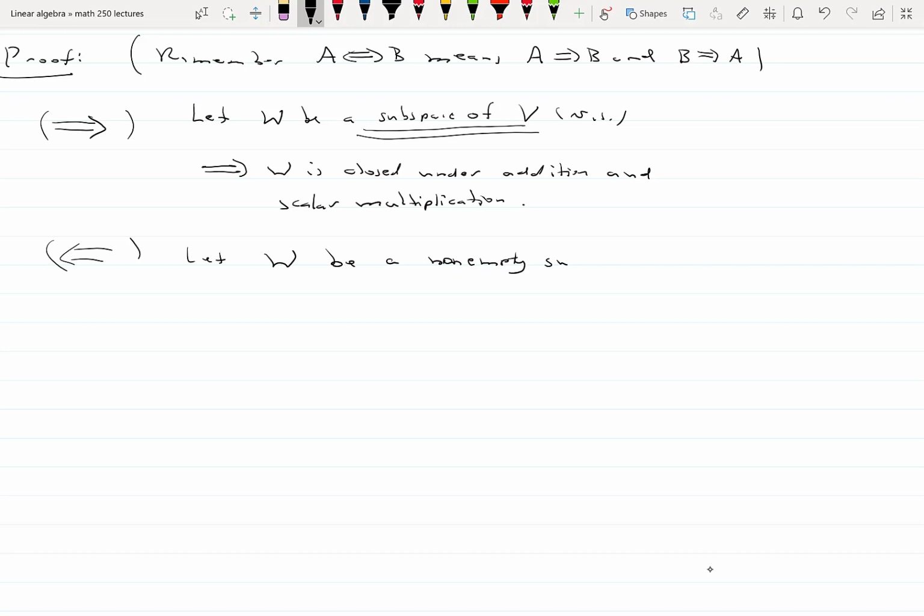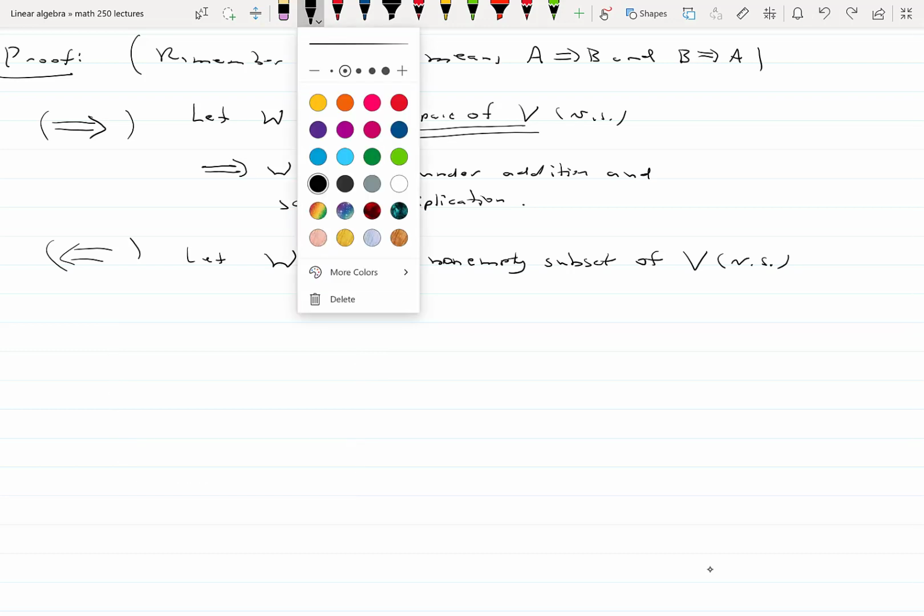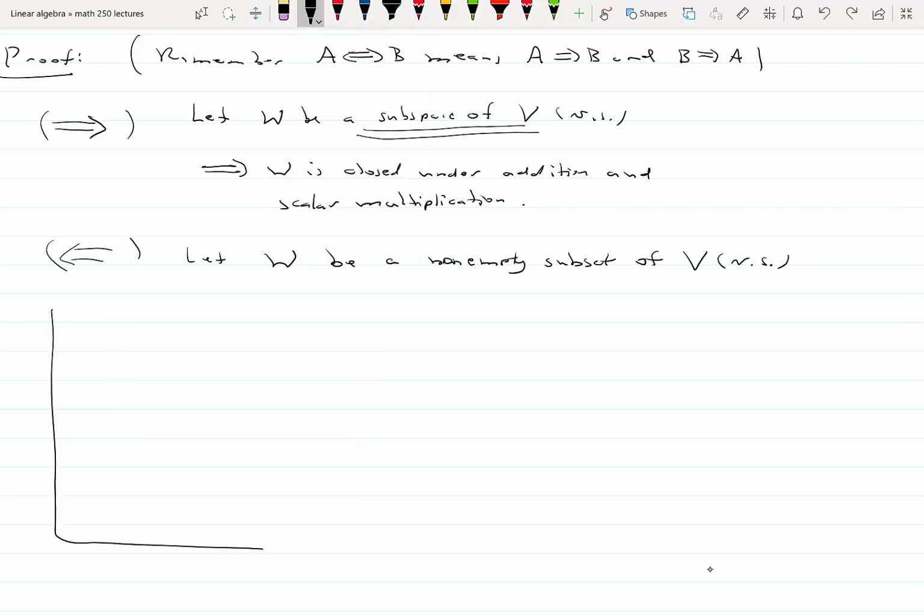We're trying to prove that. Subset of V, which is a known vector space. So here's our little diagram off to the side here.